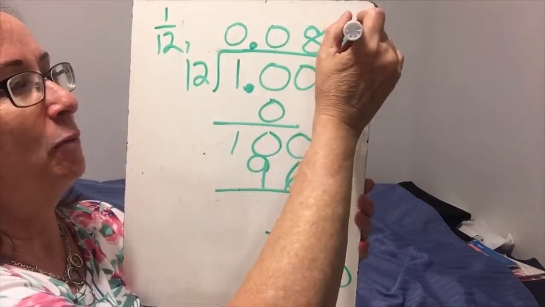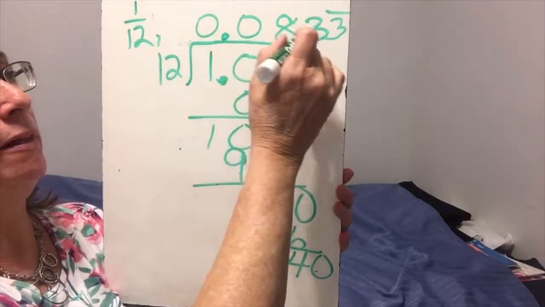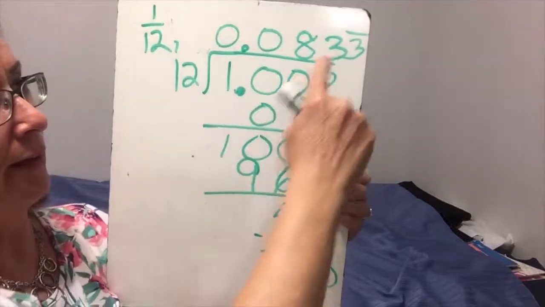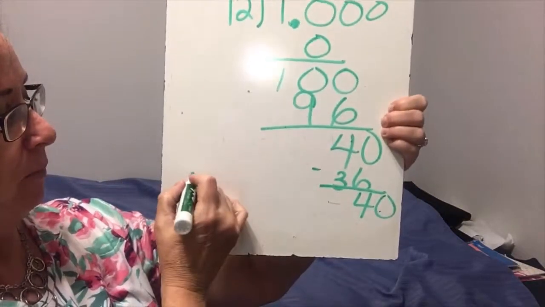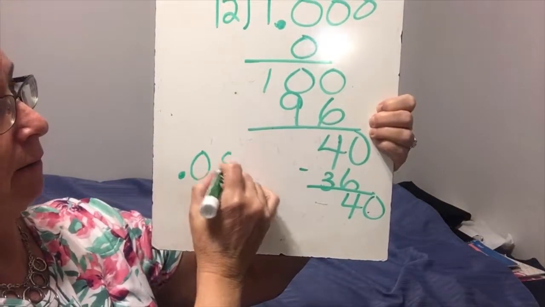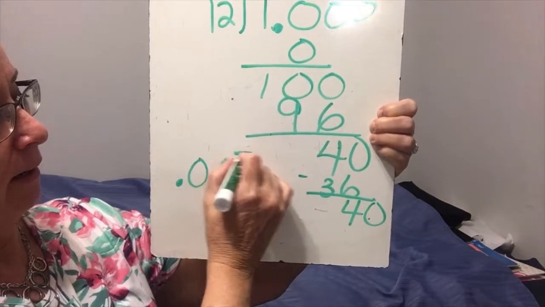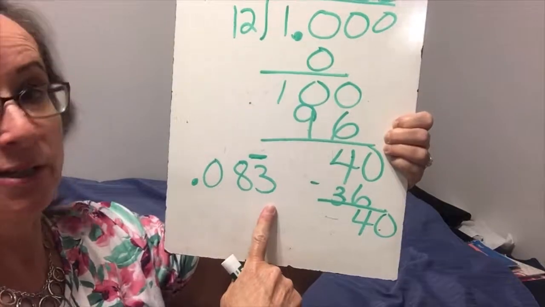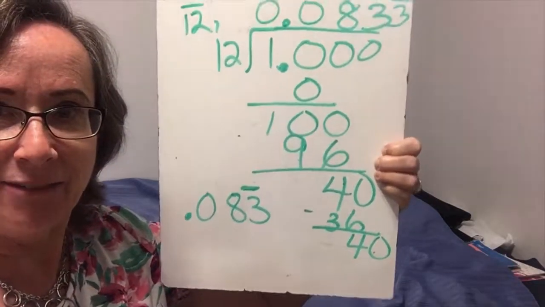And we end up with 0.0833 repeating. So to simplify that, we don't have to write 3 repeating. We can just say 0.083 with a repeat bar over the 3, because the 3 just keeps on going forever and ever.